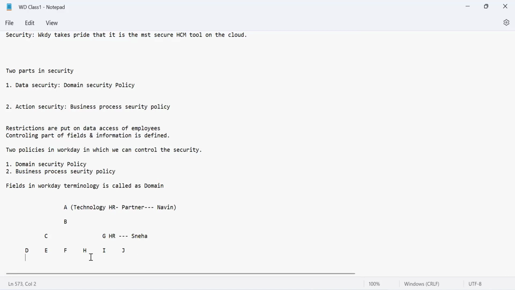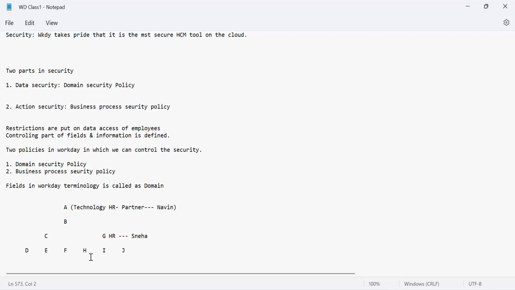Now, these restrictions are put through security groups in Workday. So this is a very important concept, guys. Security groups. What is a security group? It's a collection of permissions. You have different permissions which are clubbed together in a security group.